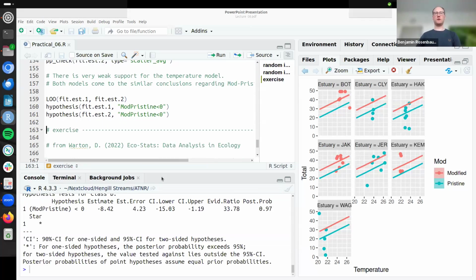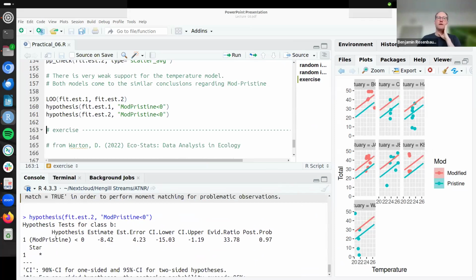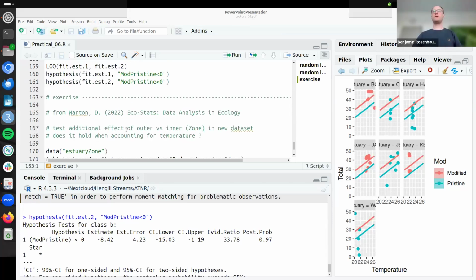Also here, I think in this model, there's quite some support for this hypothesis. Yeah, if there's a difference in species or abundance here for these 2 types of treatment. Okay, so I think this is it for today.